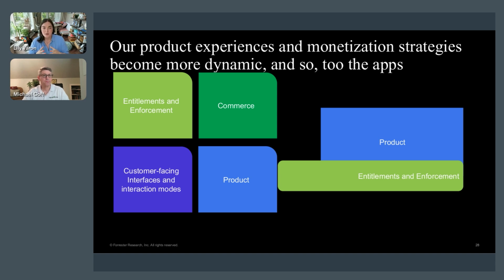We have to tie it much more closely to the billing processes, the revenue recognition processes, and the entitlements and provisioning and the enforcement of that product in a world in which usage and consumption happens in real time, right?